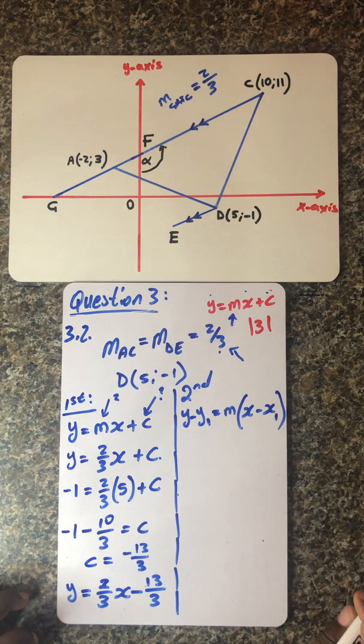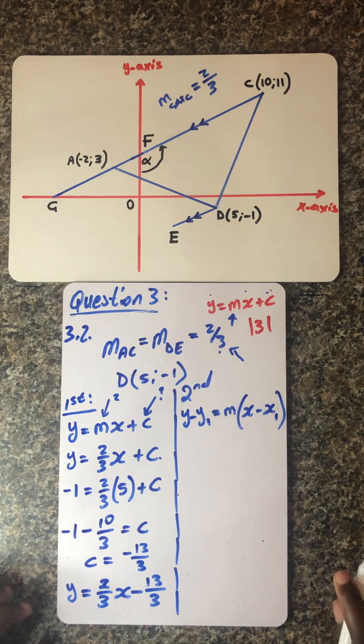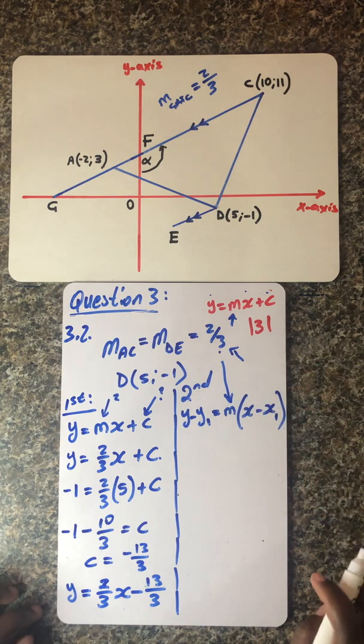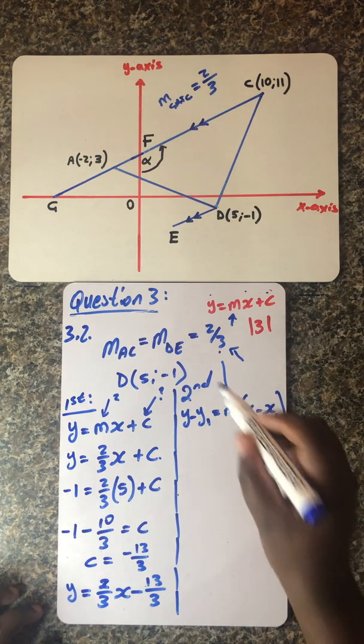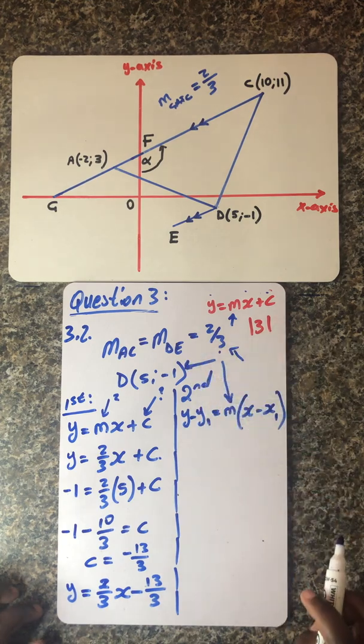It's very important that you fully understand this formula. You can easily use this formula if you've got the gradient, and also if you've got one point along the line that you want to determine the equation for.